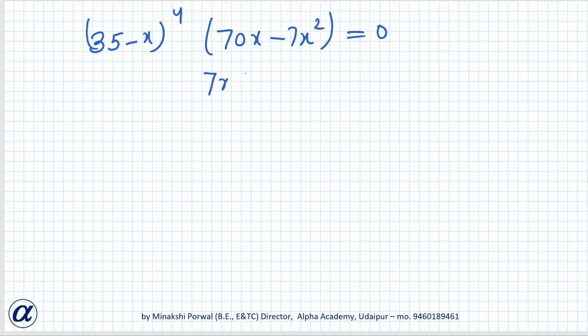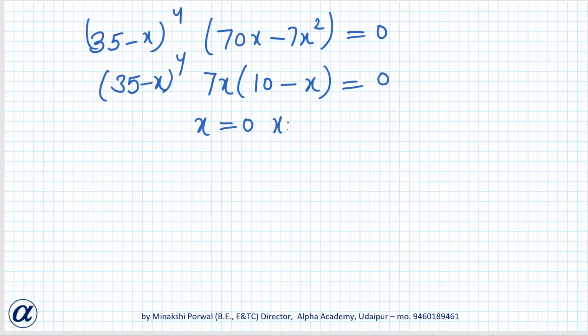We can take 7x outside, it is 7x times (10 minus x) equals 0. So critical points are x equals 0, x equals 10 and x equals 35.